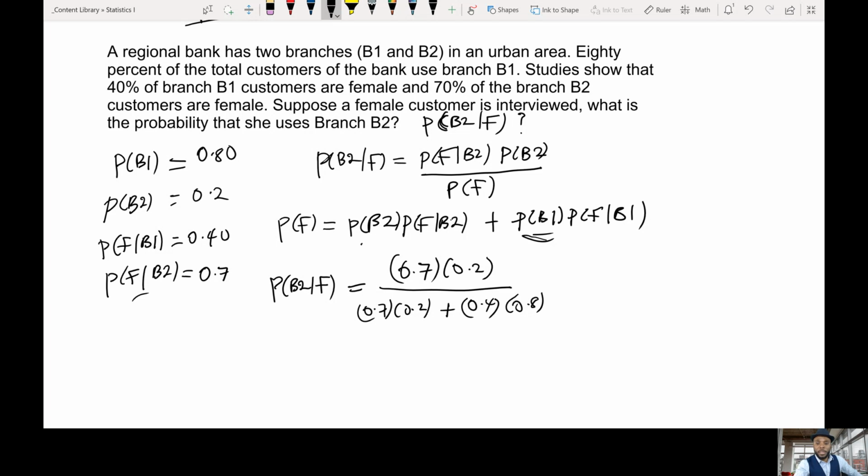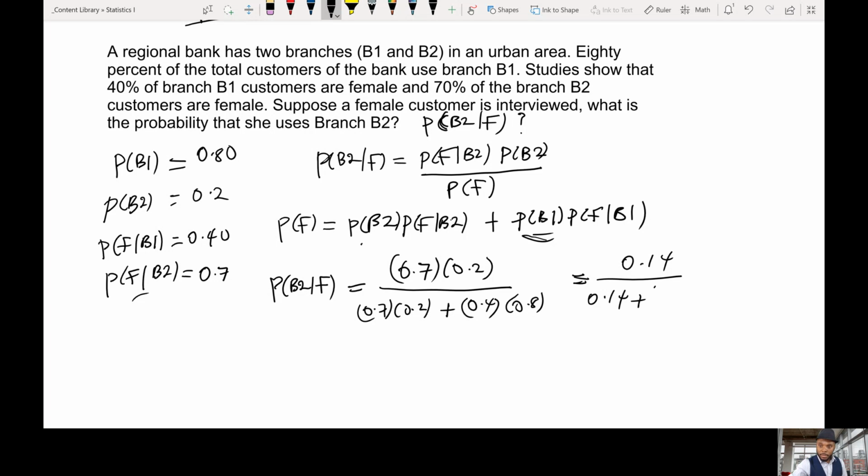All right, so I hope that all this is clear. If it's not clear, let me know. Now you can use your calculator to solve for this. At the end of the day, you guys should be masters with your calculator. 0.7 times 0.2. I'm doing this because in your homework assignment, you have something related to a problem like this. So this is 0.14 divided by 0.14 plus, what is 0.4 times 0.8?